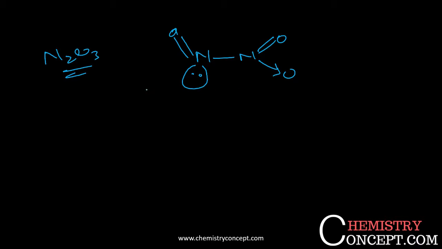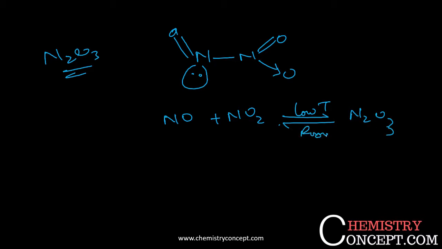This is dinitrogen trioxide. It can be manufactured by reacting NO and NO2 at low temperature to get N2O3, and at room temperature we get them back again. So this is an equilibrium.